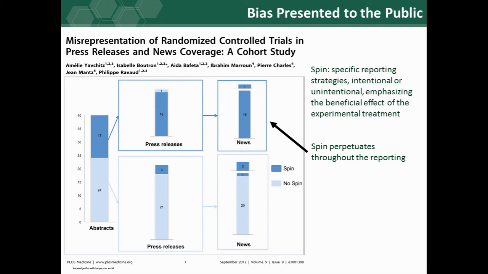And so if we look on the left-hand side, we look at the abstracts of these randomized controlled trials that were published, and we see 17 of them had what they considered to be spin. And if you look at the press releases of those studies, they also have spin. And when you look at the news related to those press releases, they also have spin. But if the abstracts are communicated in a way that doesn't have spin, then the press releases don't seem to have spin, and neither does the news.